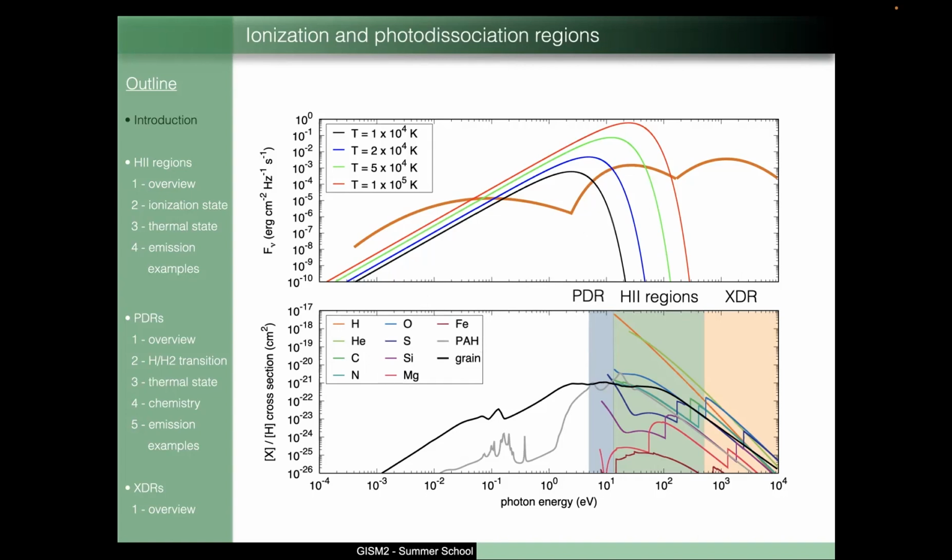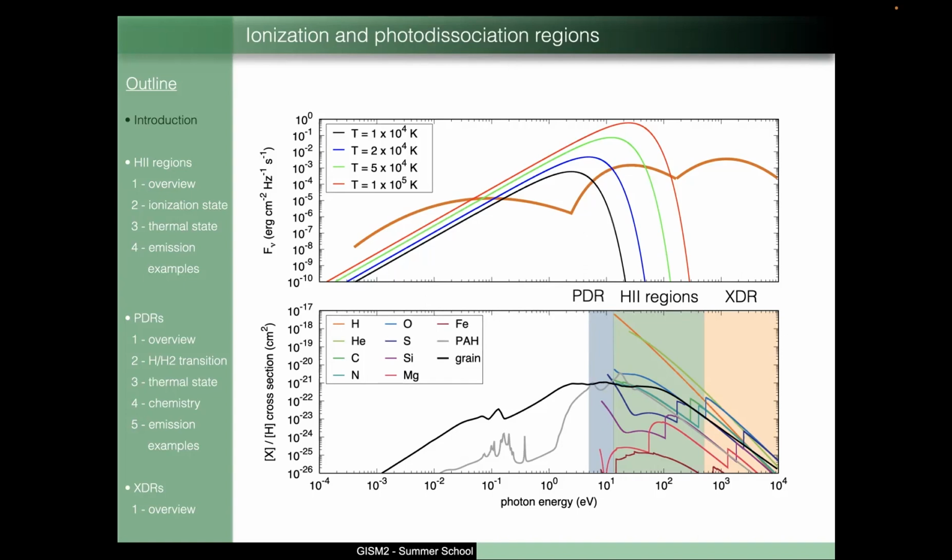On the bottom, what I show you here is the absorption cross-section of different elements in any ionized state, scaled by their elemental abundance. It's just to look at the main absorber depending on the wavelength. So imagine that I have interstellar matter irradiated by this random radiation field.